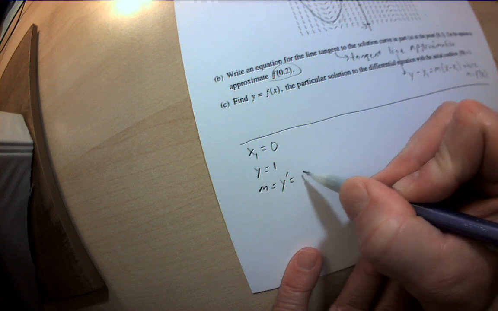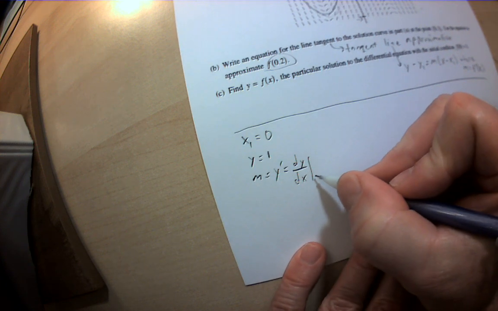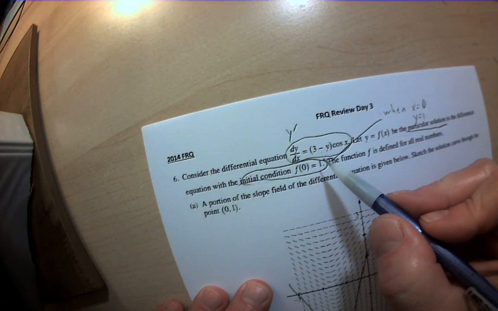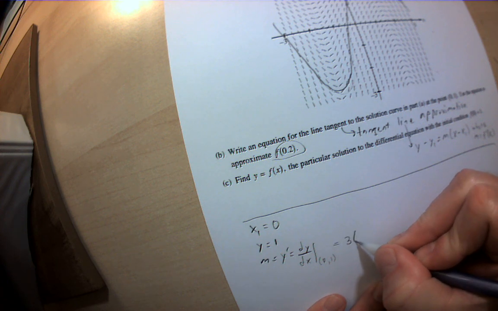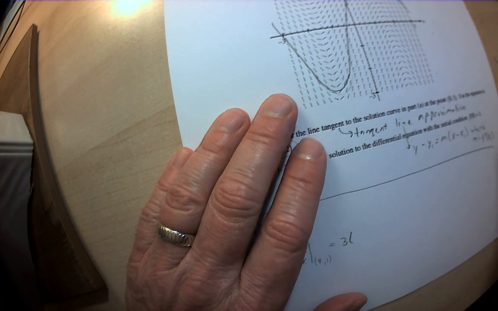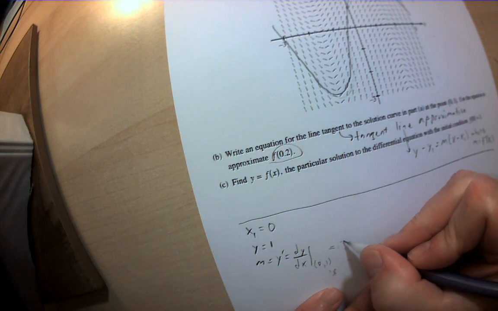That's y prime. That's dy over dx at the point 0, 1. Well, they gave me dy over dx up here. So that's equal to, I'm sorry, I'm trying to look over my camera here.